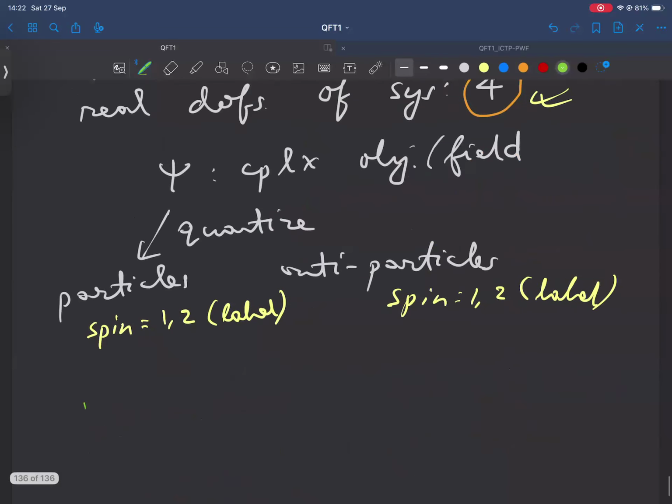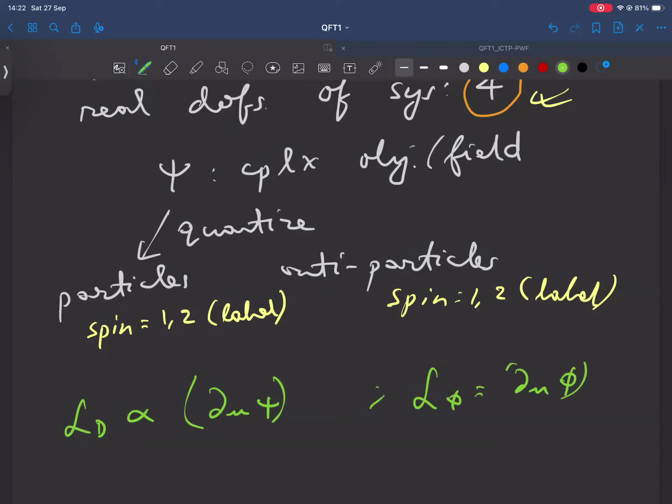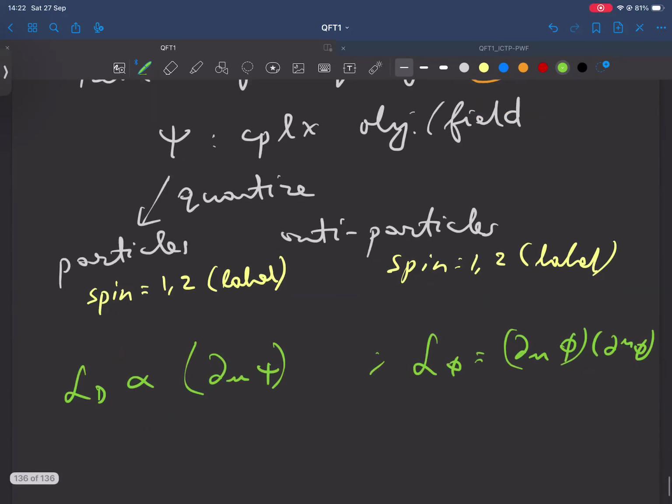Recall that the Dirac Lagrangian was proportional to a quantity like this, and that was it. A complex scalar, on the other hand, had second order terms like this. So though it's a function of a first order field, there were terms which were quadratic in that first order.